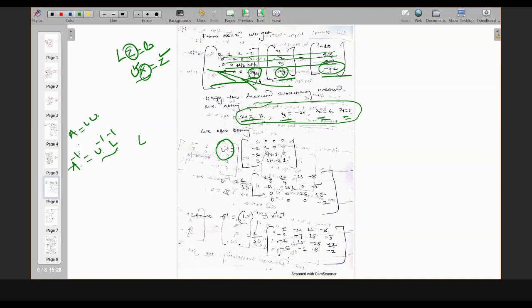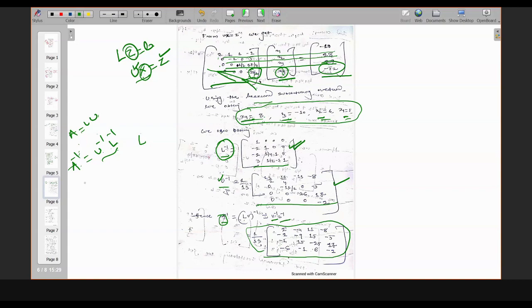So the L matrix you had obtained, and then you can find its inverse. You also find the inverse of the matrix U. Then A inverse is equal to U inverse times L inverse, so you multiply these matrices to get the inverse of the original matrix A. So you had learned one numerical technique.